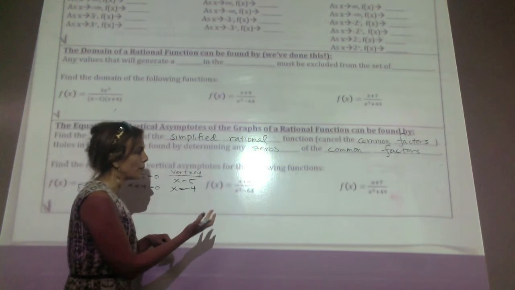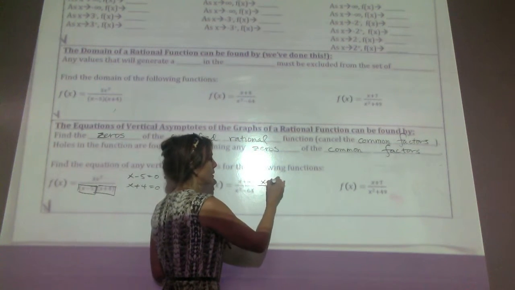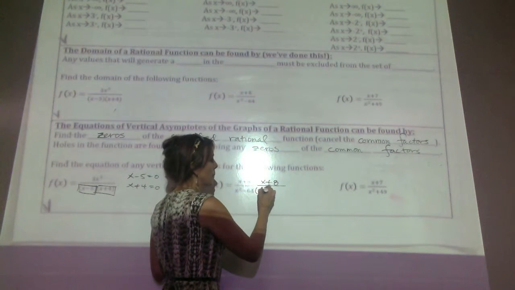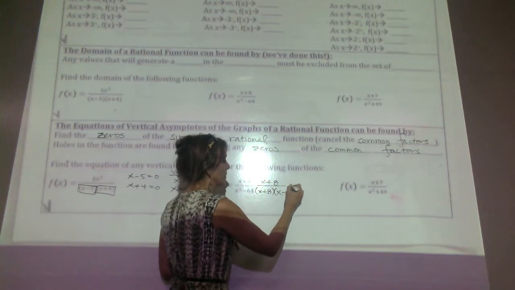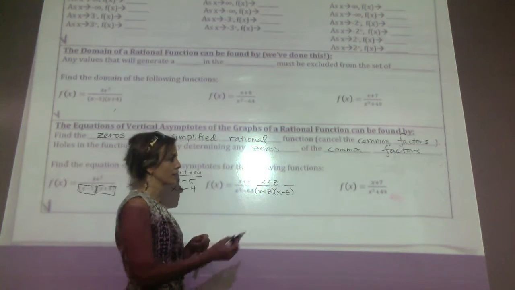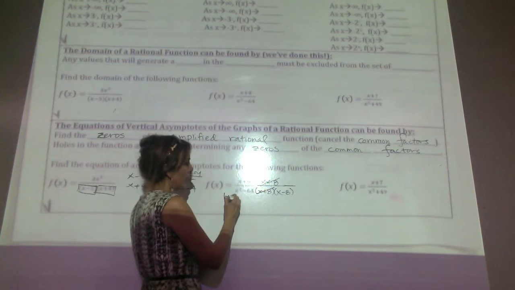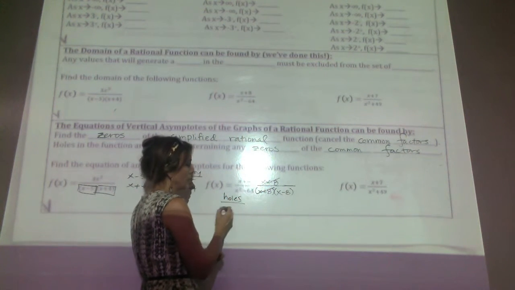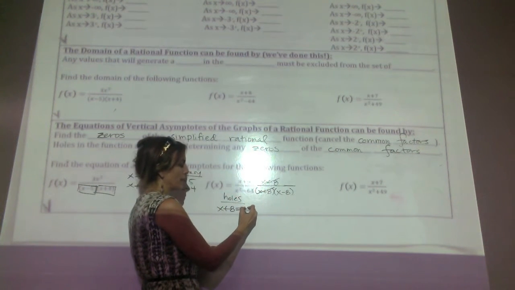Over here, remember that when we factored this, it ended up being x plus 8 over the product of x plus 8 times x minus 8. All right then. Well, first find those common factors. Here are our common factors, right? If I take that and set it equal to 0, that will generate the x value where we see a hole.